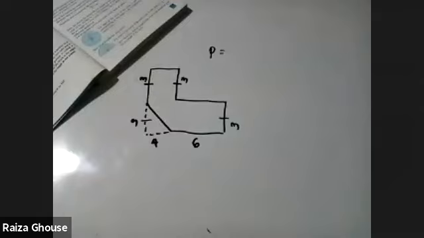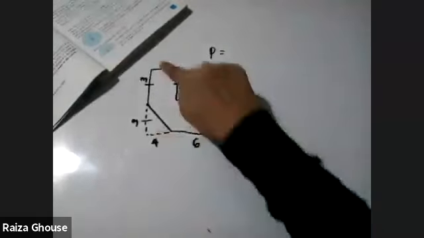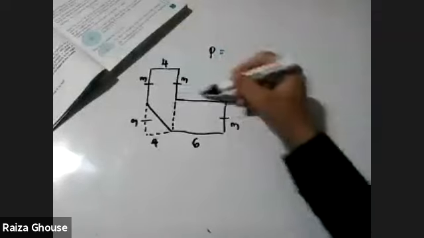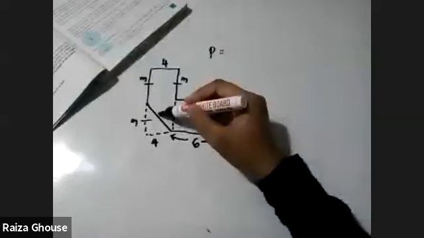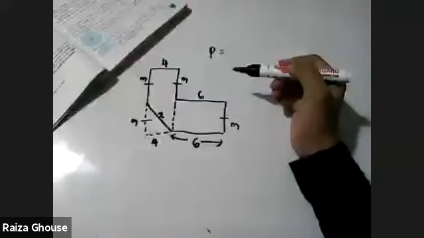What is this length now? 4, same. This length? 6, same. Now it's easy. But this length is not given. We need that length. That is unknown.